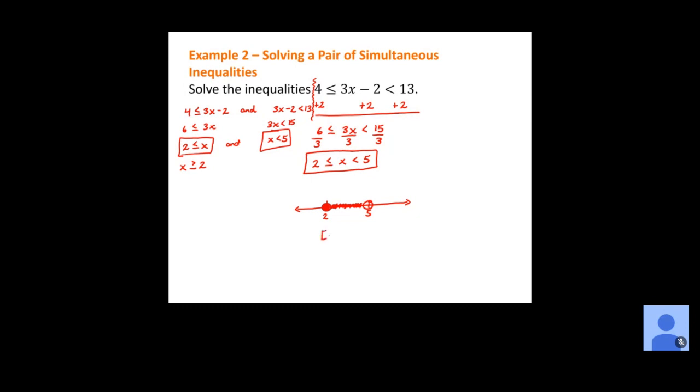So we'd have a bracket on the 2, parentheses on the 5. And so this is the way I'm going to ask for most of your answers, right, is in interval notation. So just get familiar with that. And if you need to draw the number line to help you get to the interval notation, definitely do that. Or if you can just go straight from that inequality to the interval notation, that's fine too. All right. Any questions on how we did any of that now?